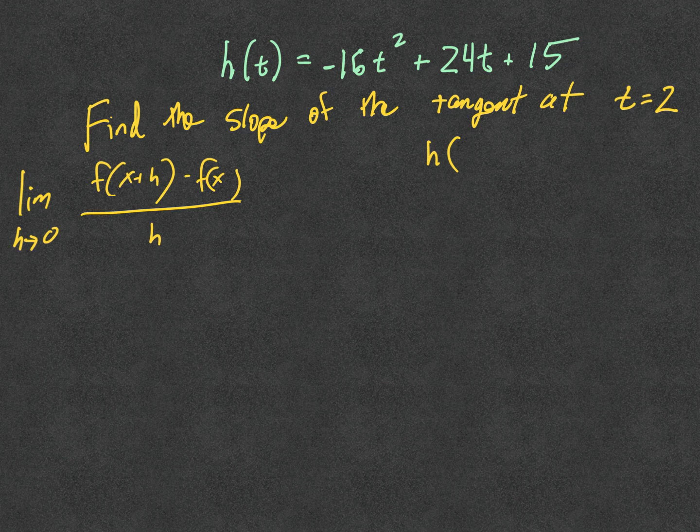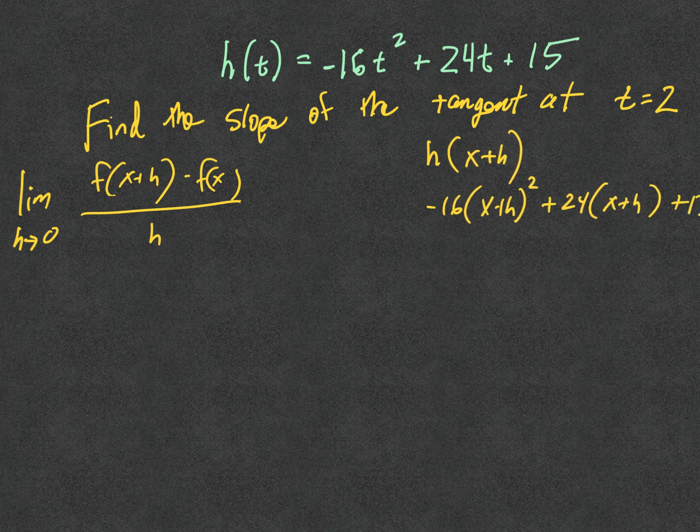Technically my variable here is t. You could call it t, you could convert it and just say x plus h if you like working with x's. So this will be negative 16 times x plus h squared plus 24 times x plus h plus 15.